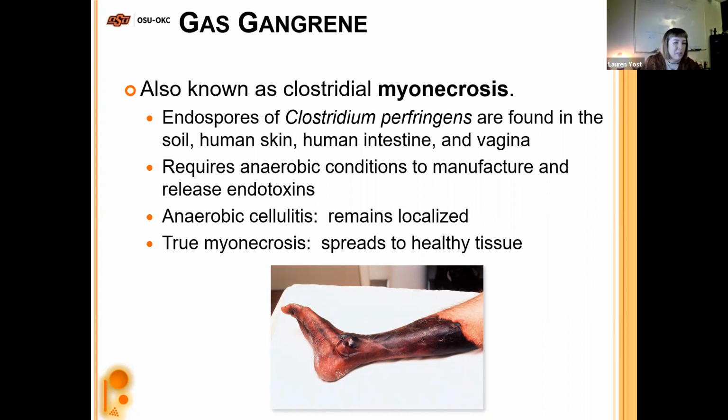It's no longer going to be localized. So it just depends on what level we are at in this infection process. You would call it anaerobic cellulitis when it's localized and true myonecrosis when it can spread to healthy tissues in the muscle. So I would know the difference between those.